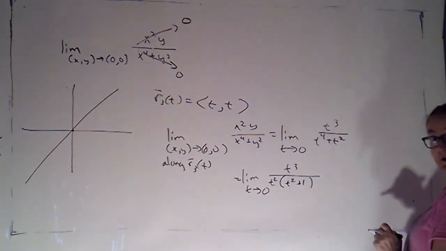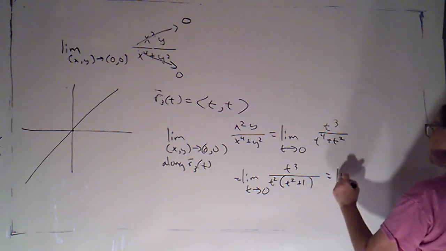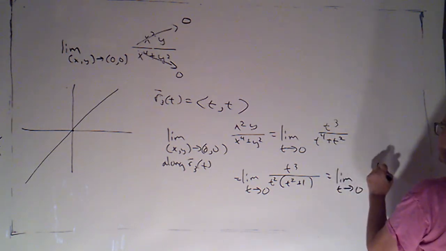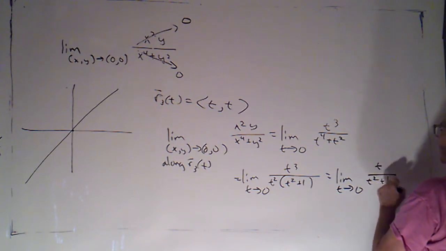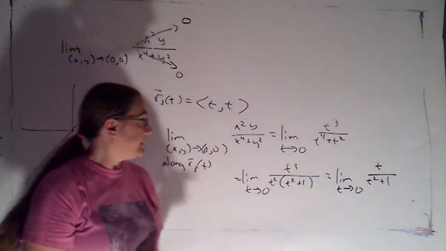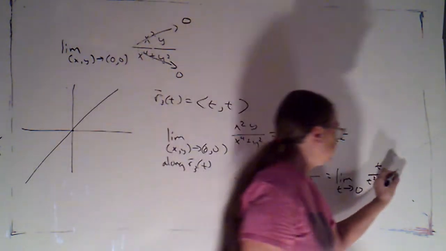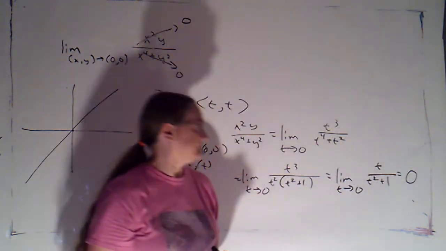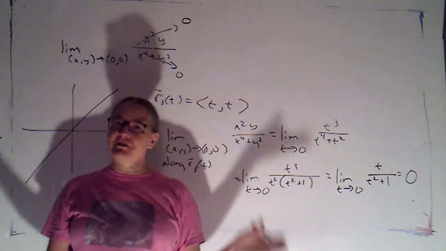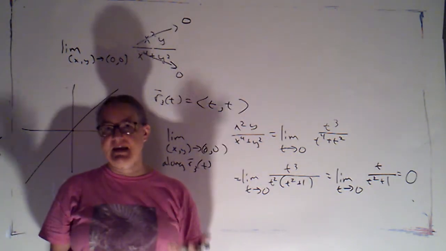I can cancel two t's, so we get the limit as t approaches 0 of t over t squared plus 1. Now at this point, I can plug in 0, and I get 0. Okay, so we've tried 3 different paths. We got the same number.